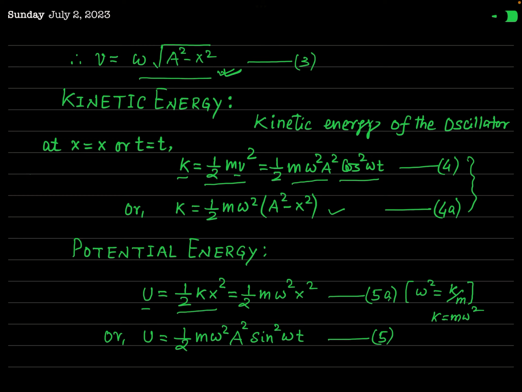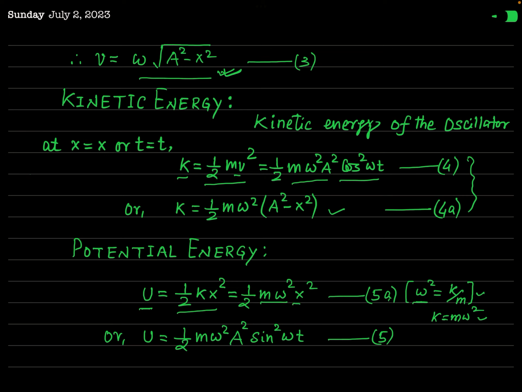But you have learnt earlier that the square of the cyclic frequency of the oscillator, that is omega square, is equal to k over m. And so k will be m times omega square. So instead of k, you can write m omega square, and so the potential energy of the oscillator at position x is half m omega square x square.